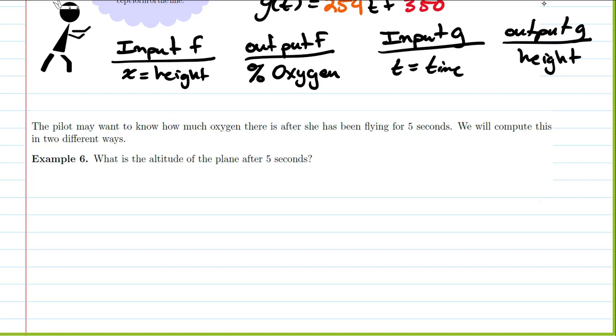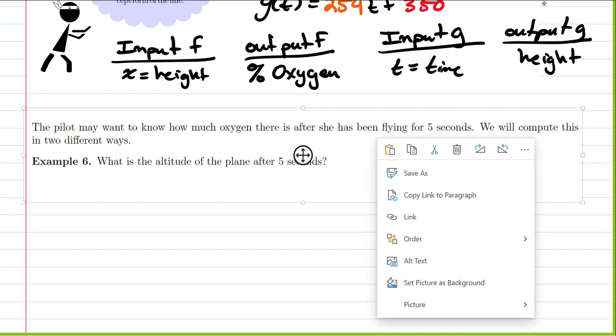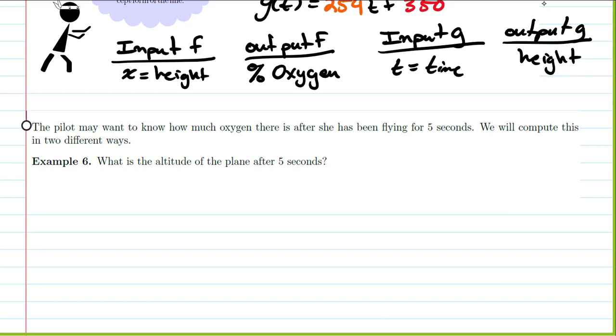So what is the oxygen available there? We're going to compute this in two different ways. What would be the altitude of the plane after 5 seconds? Which function would I use, f or g? I'm going to use g, because I input a time into g, so g of 5 seconds would be 254 times 5 plus 350.